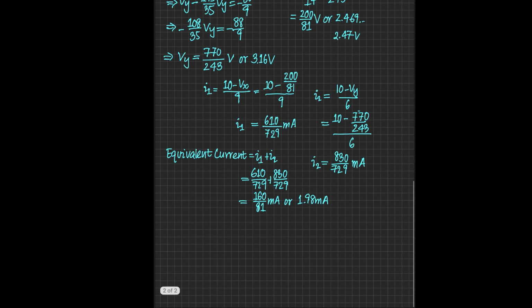So using this information, we finally calculate the equivalent resistance going into the circuit. The applied voltage is 10 volts, and the current going into the circuit is 160 by 81 milliamps.